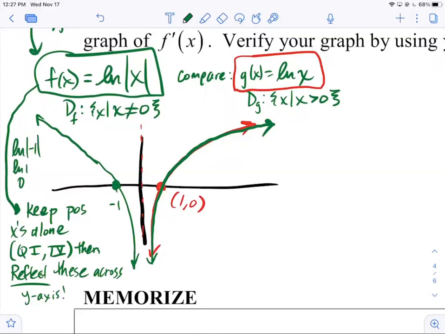Now, for the natural log function, there was nothing there to begin with. But if you did have another function that had y values already to the left of the y-axis, they would be gone. You wouldn't even see them. Because by definition, when you take the absolute value of the input, positives and negatives all graph the same, and they graph as if they were positive.